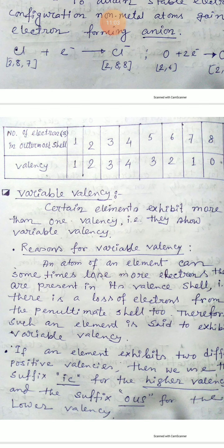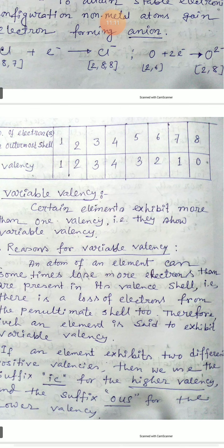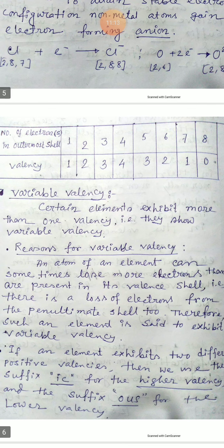Similarly, if there are 2 electrons in the valence shell, then valency is 2. If 3 electrons, then valency is 3. If 4 electrons, valency is 4. But if 5 electrons, valency is 3, because when 5 electrons are there, it is easy to accept 3 more electrons to become 8 electrons in the valence shell, rather than to lose 5 electrons.